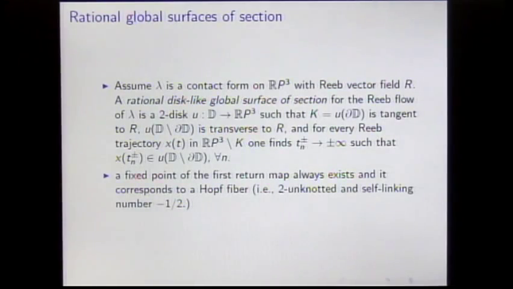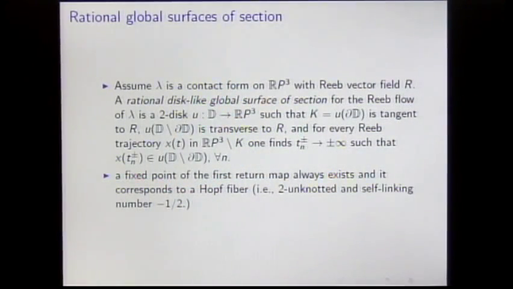So a disk-like global surface of section, just one of such disks, so that the boundary is a periodic orbit for the Reeb flow, and the interior of this disk is transverse to the Reeb vector field, and you have a first return map.